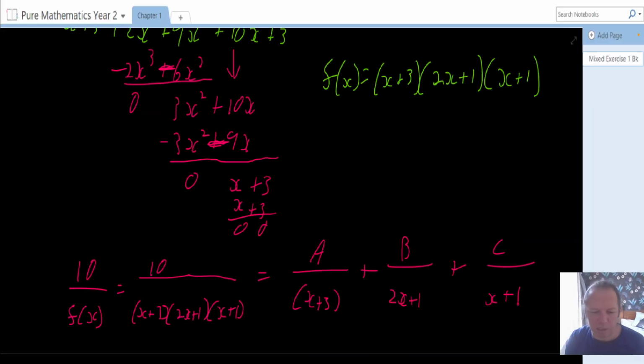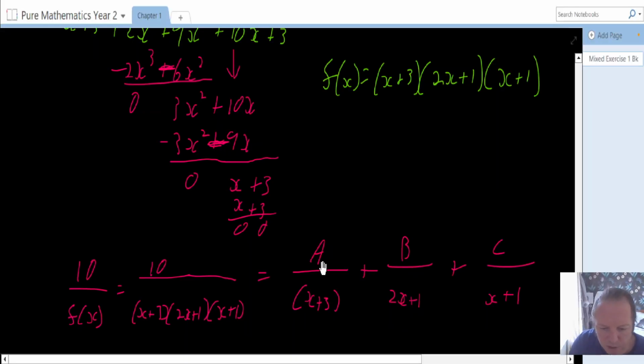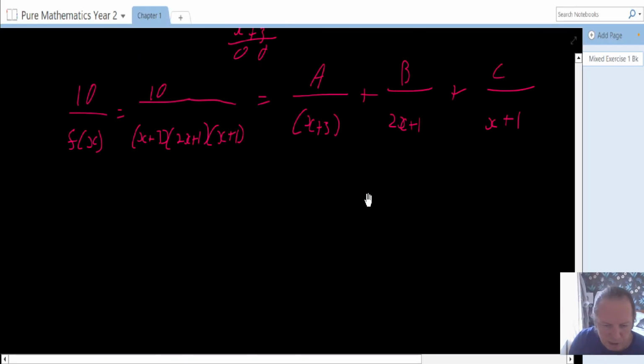And from there we can start making that into a partial fraction, well, start solving for a, b and c to get the partial fraction.